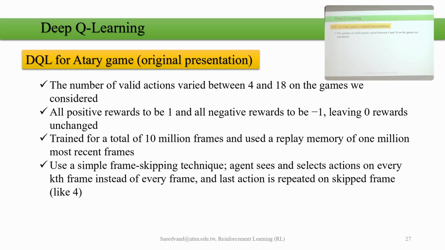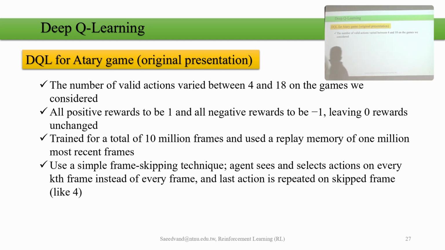The number of valid actions varied between 4 to 18 depending on the game that they applied, because as I told you, the motivation was to apply one network on different games without changing anything. The same states, the same input frame, the same size comes, the output will be proposed, but since the games are different and the action space is different, the only difference is the number of actions as output.